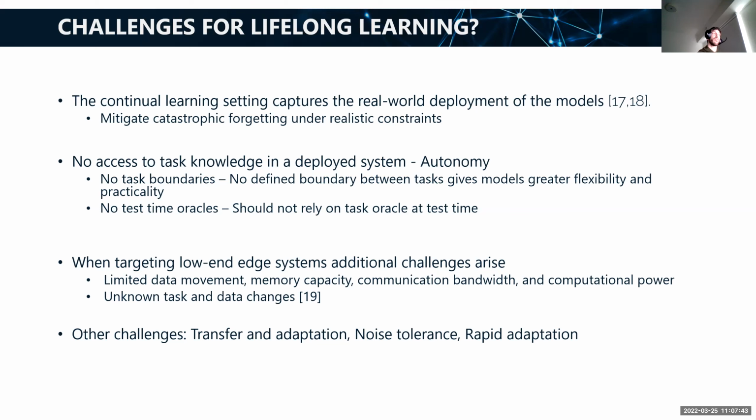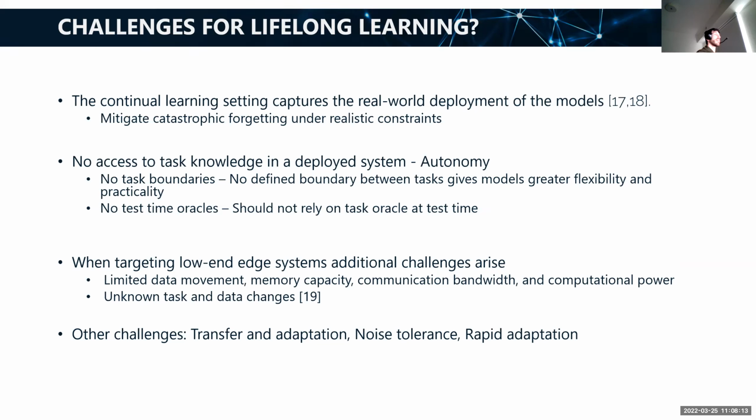Specifically, what this work focuses on are constraints that are added to that goal when we consider real world deployment. So for us, we think about mitigating catastrophic forgetting under realistic conditions, where you want a system that can learn with constant memory, that can learn from streaming online information, where it's only going to be able to see samples once and experience that in real time and have to update to it and then not see it again.